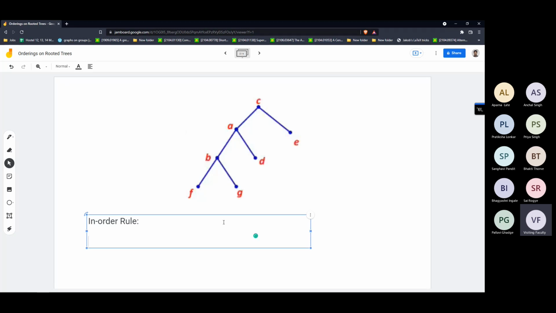Pre-order means the root precedes everything else. Root comes first. In order means the root is in between the left subtree and the right subtree. So everything in the left subtree, followed by the root, followed by everything in the right subtree. Is that okay?